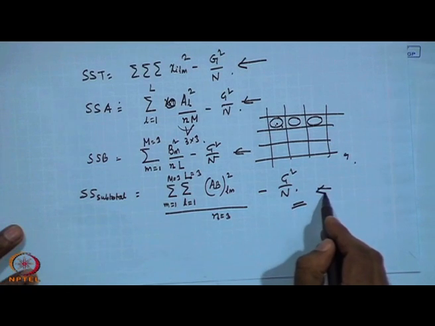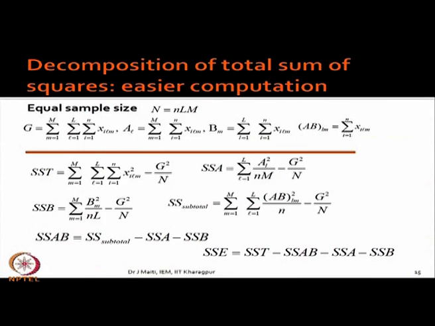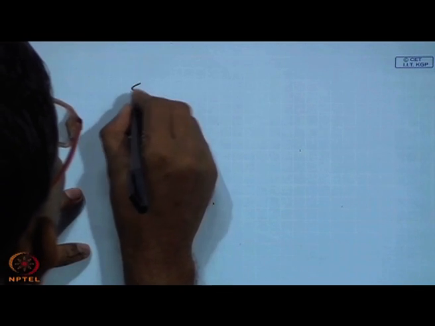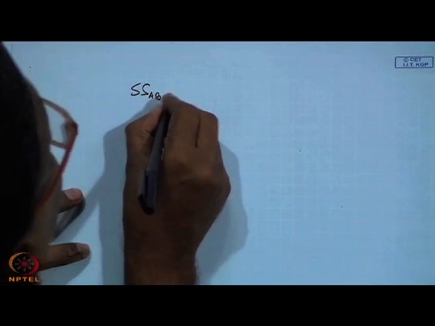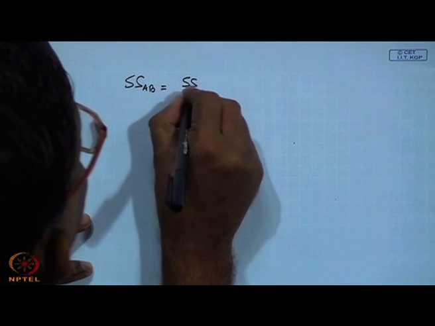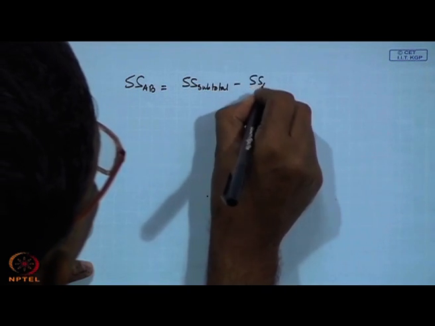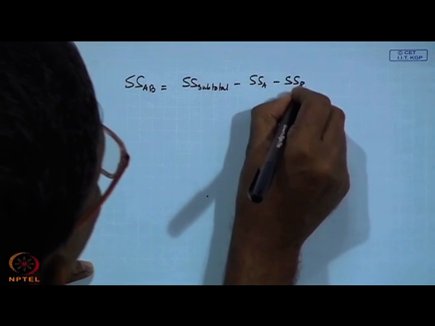So, you will be getting the subtotal, and once you get the subtotal, you are in a position to calculate the interaction parameter SSAB. SSAB will be SS subtotal minus SSA minus SSB.